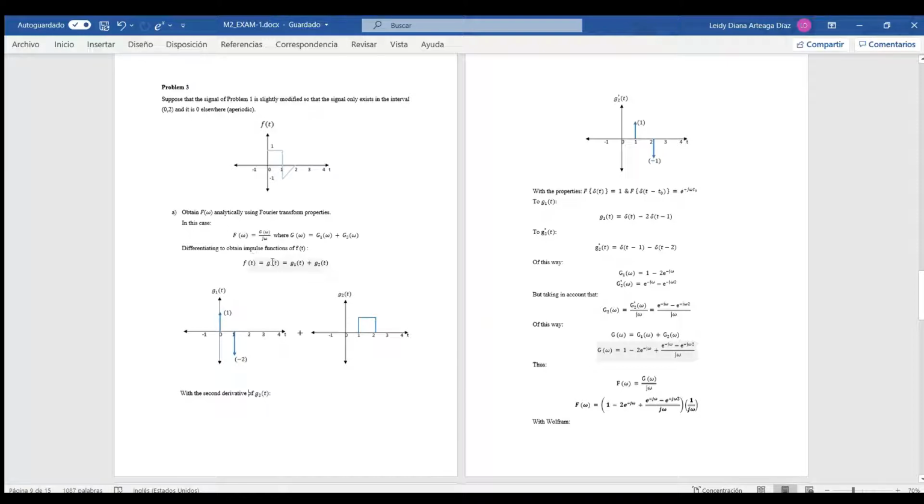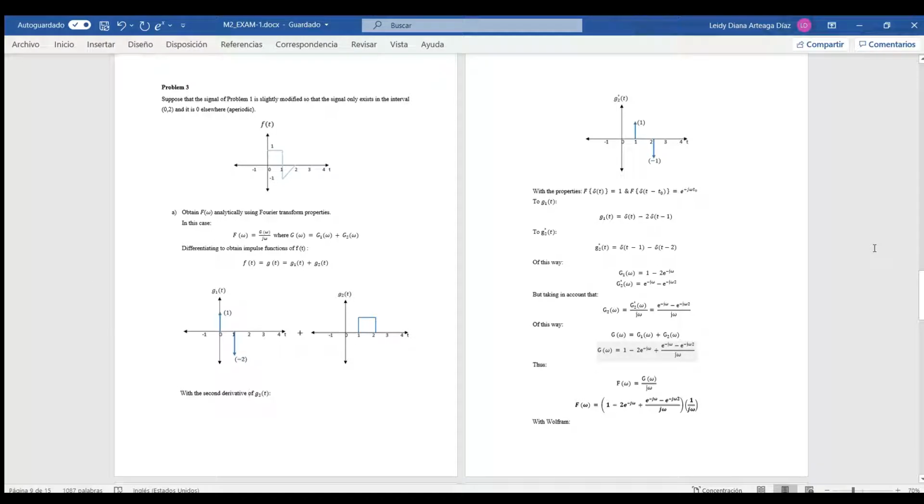The derivative transform is composed of g1(ω) plus g2(ω), each one as a part of f(t). The function was constructed by differentiating this segment to obtain impulse functions.